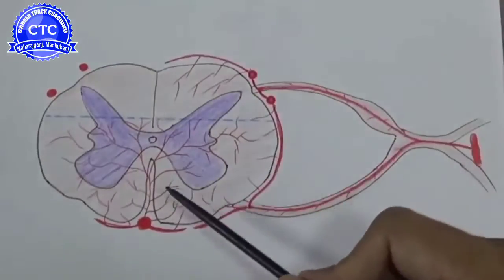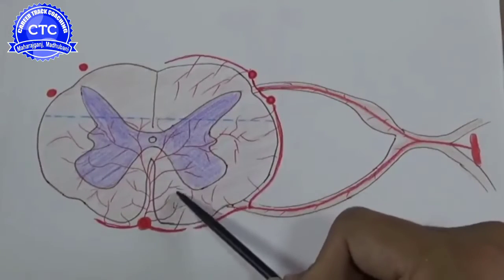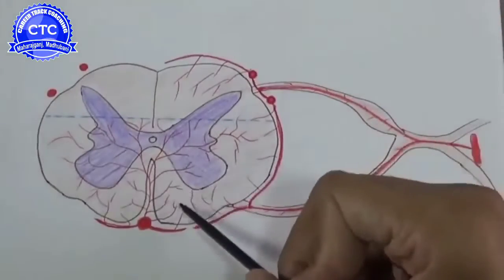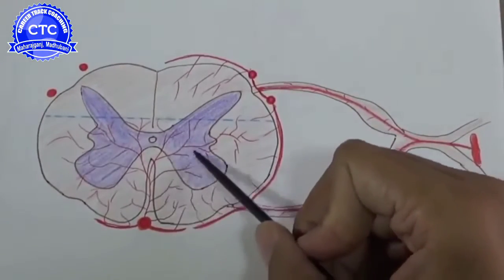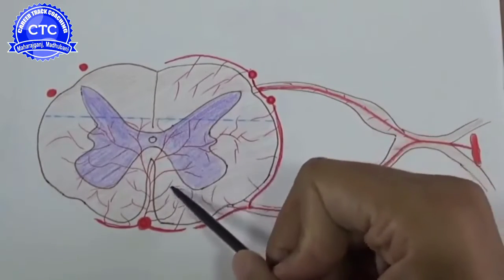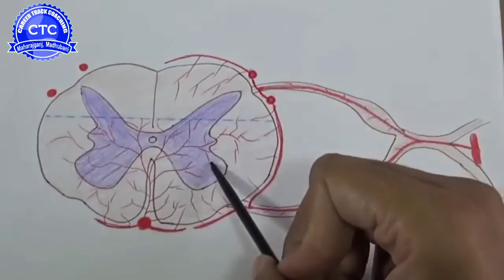Now one very important thing to know is that these central arteries which are entering within the white matter or gray matter will not anastomose with each other. Except at capillary levels there is no connection. So these central branches are an example of end arteries.